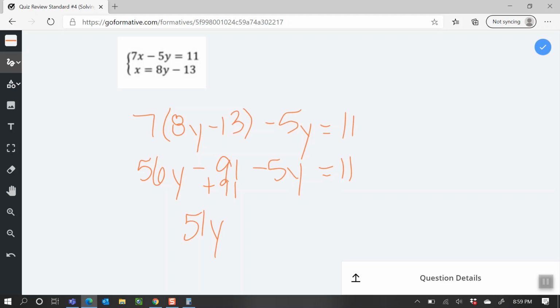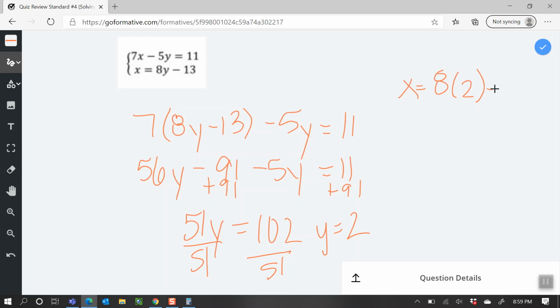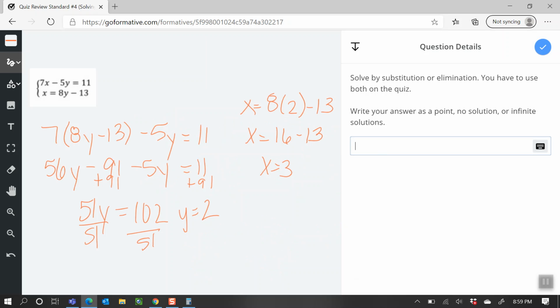Add that 91 to both sides. Equals 102. Divide by 51. Y equals 2. So x equals 8 times 2 minus 13. X equals 16 minus 13, so x equals 3. So my answer is 3, 2.